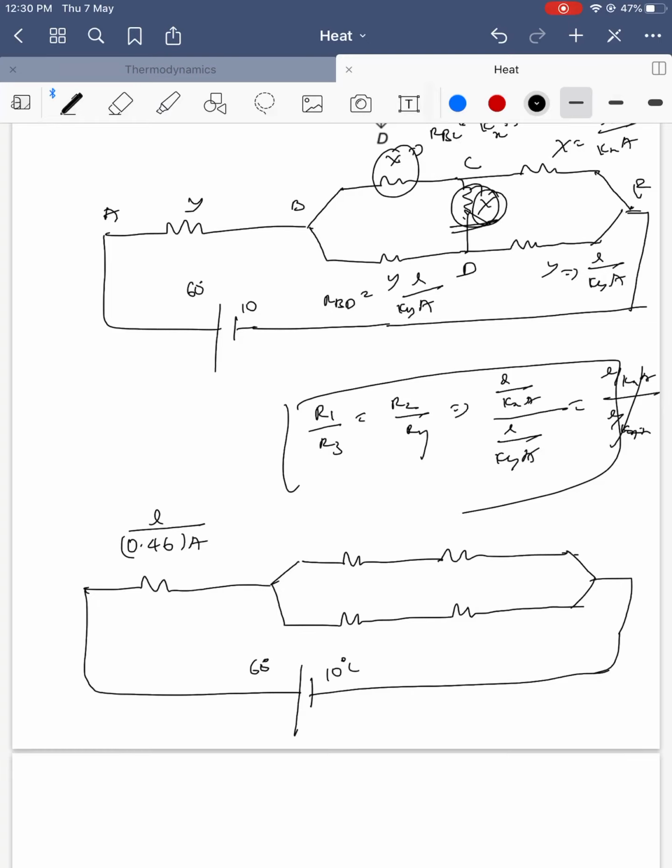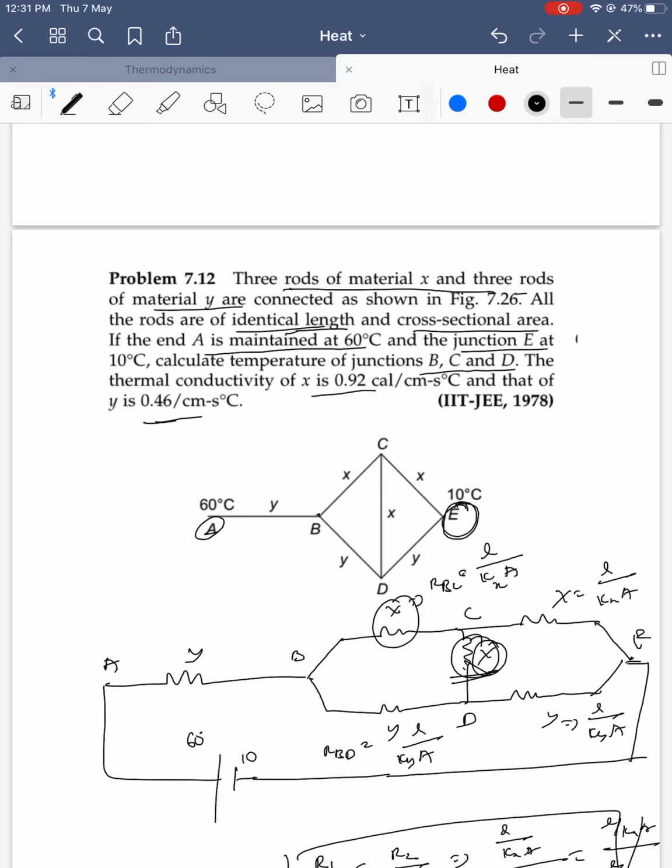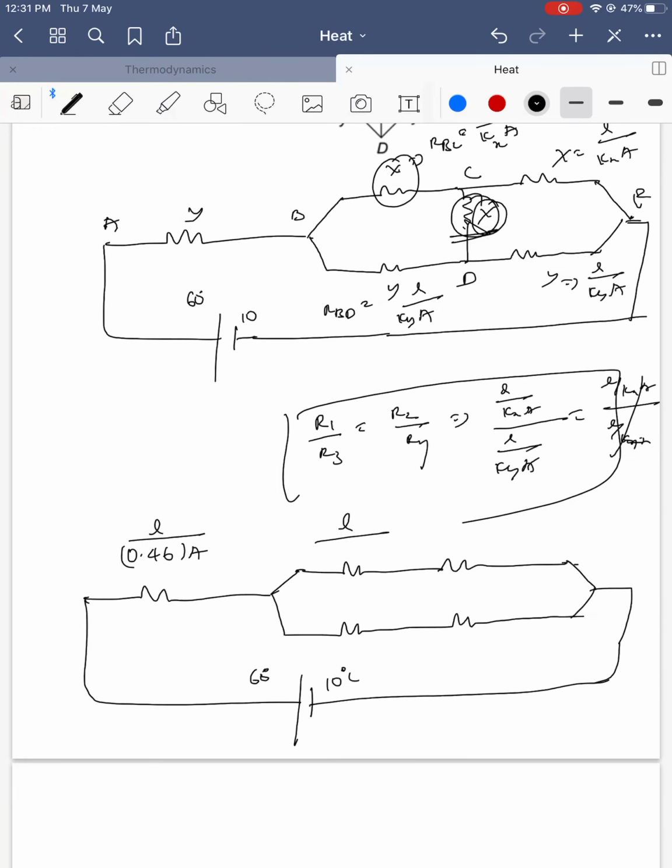Kx is 0.92, so L by 0.92 into A, and L by 0.46 into A. These values are given.